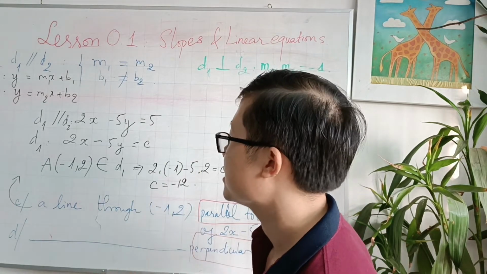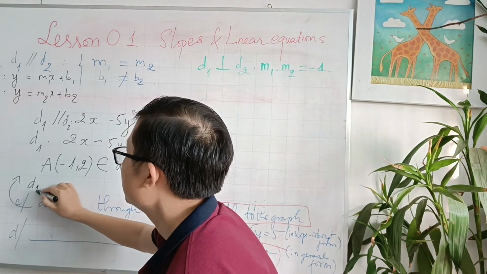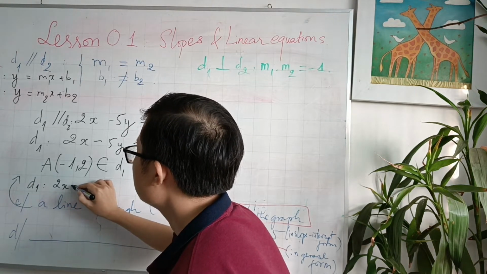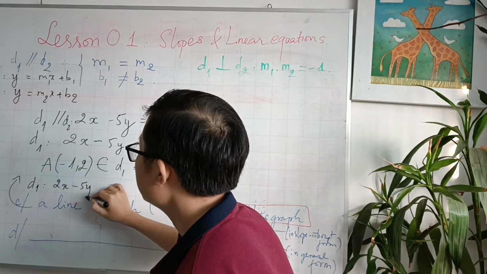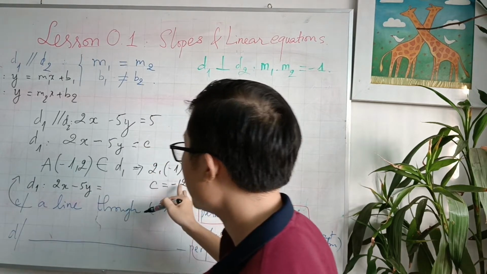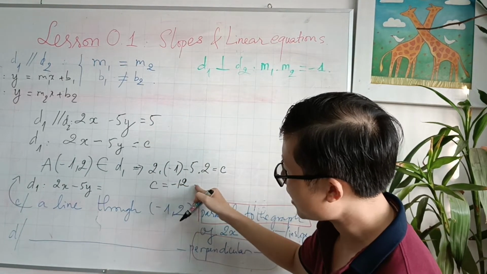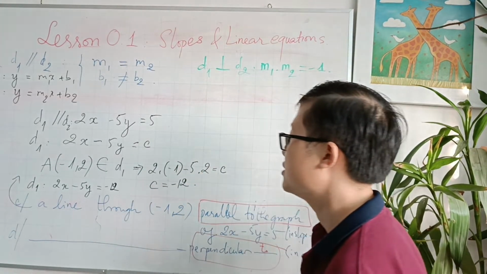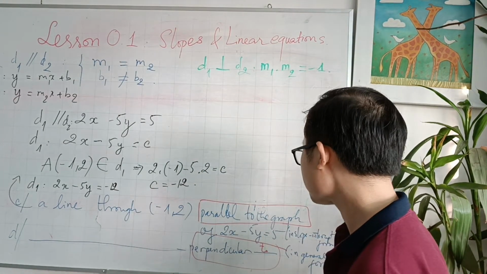We rewrite D1: 2x minus 5y equals -12. Okay, I think it's easy.